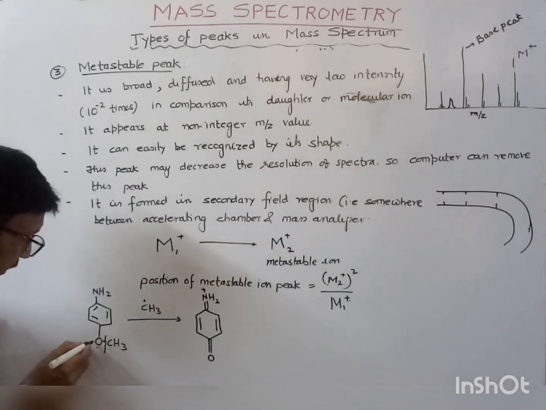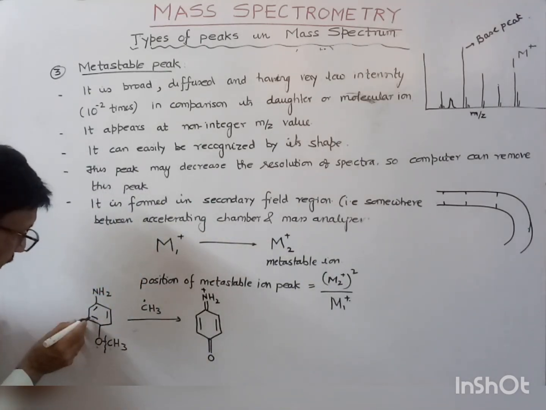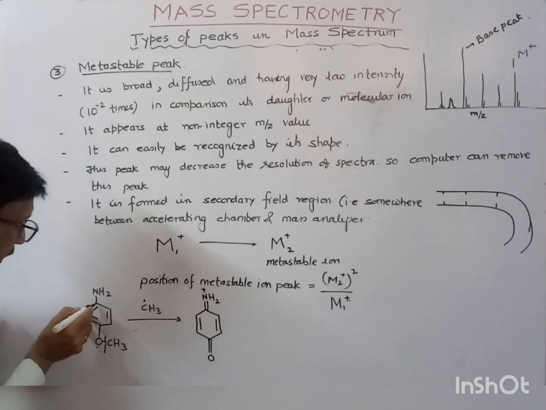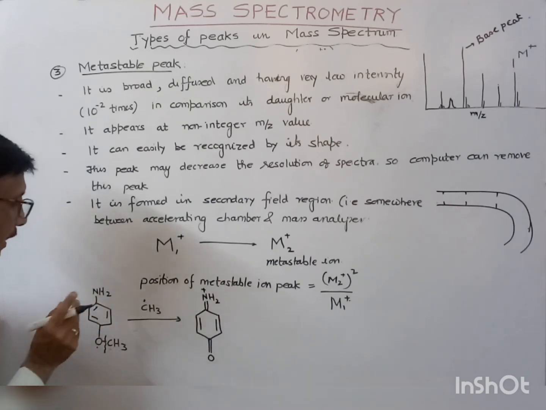So this radical and this radical form a double bond. Again, one double bond, and then another double bond would be formed over here, and like this.